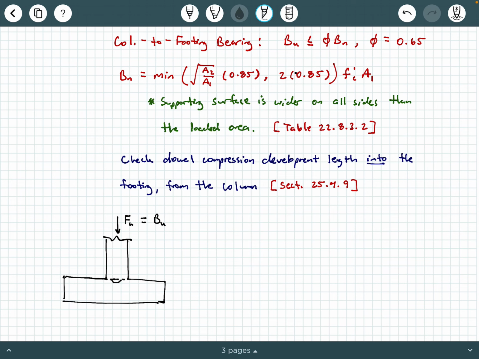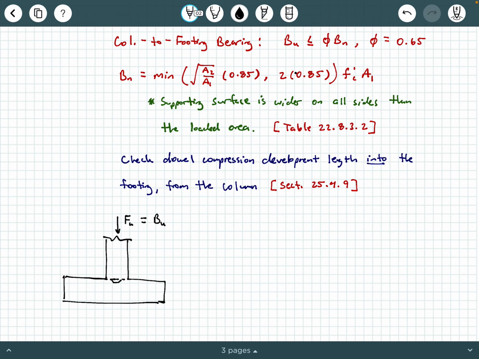Well, 0.65 is our LRFD resistance factor related to compression controlled. And in this case, columns, most of the time when you're dealing with bearing between the column and a footing, you've got a compression controlled scenario. So BN is going to be the minimum of square root of A2 over A1 times 0.85. It's the smaller of that and 2 times 0.85, all multiplied by F prime C times A1, okay?